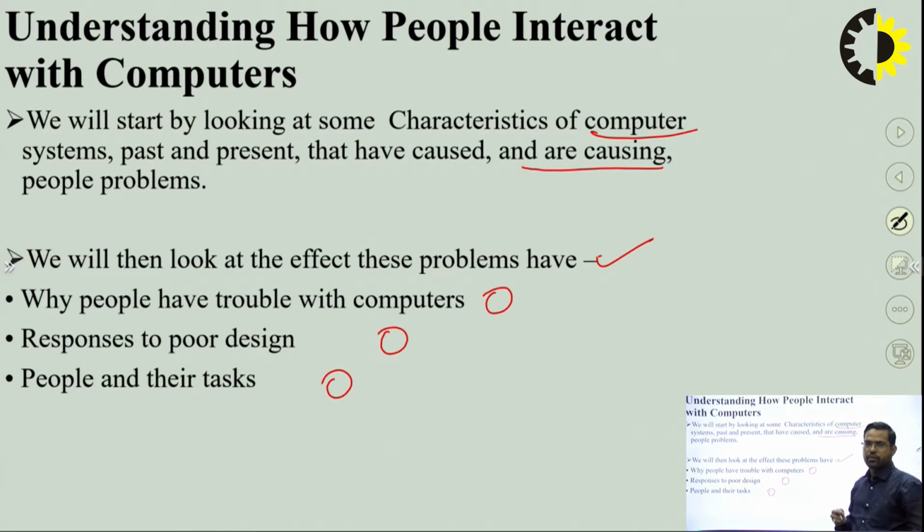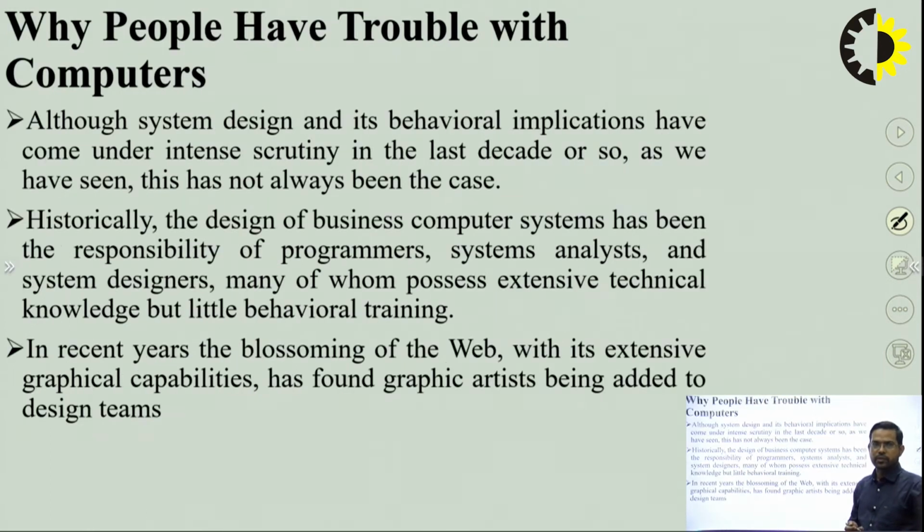Many people have different troubles operating an interface, and if the interface is very poor, what kind of responses are there, and what kind of tasks do they perform on the interface.